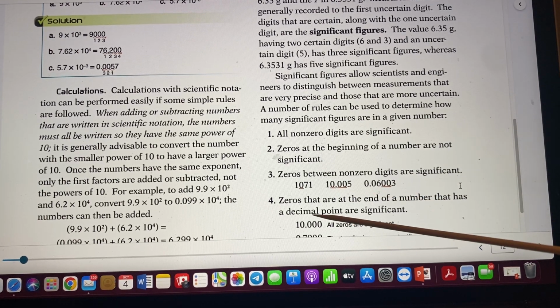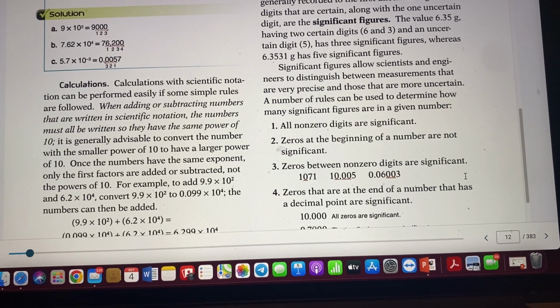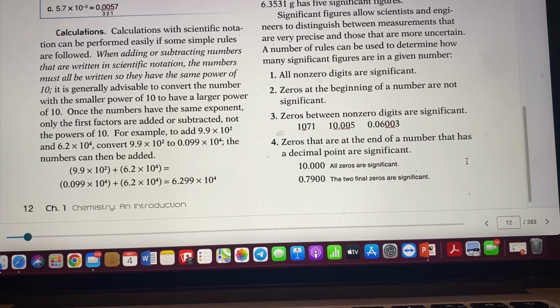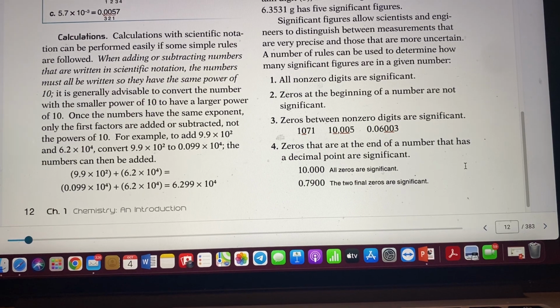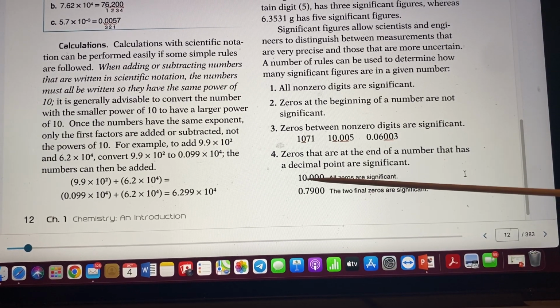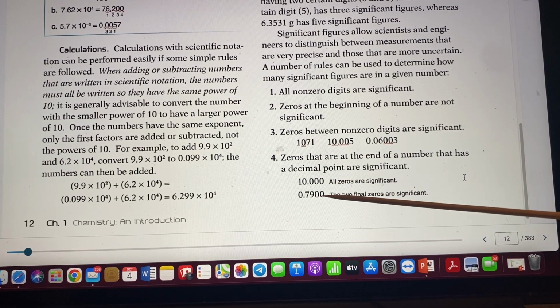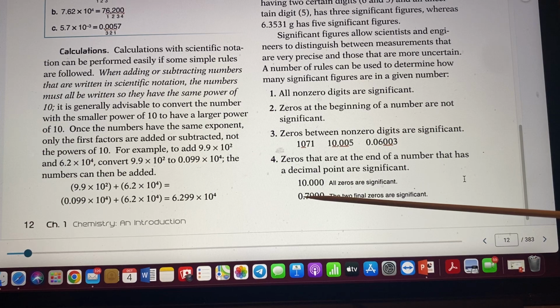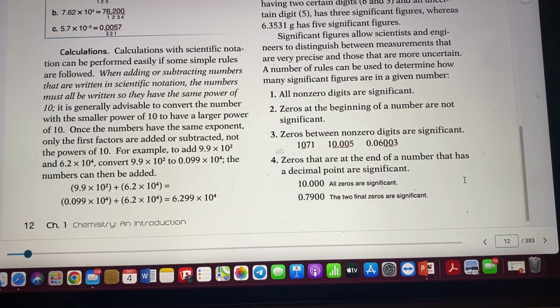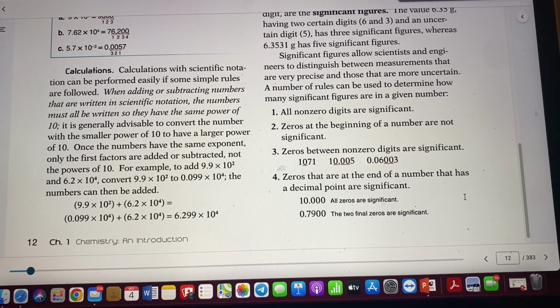And number 4, zeros at the end of a number that has a decimal point are significant. But if it doesn't have a decimal point, they're not significant. So here, all these zeros are going to be significant because there's a decimal point. These 2 zeros are significant, but the ones before, this one will not be significant. So you just have to know it. It's all about where the zeros are, really.